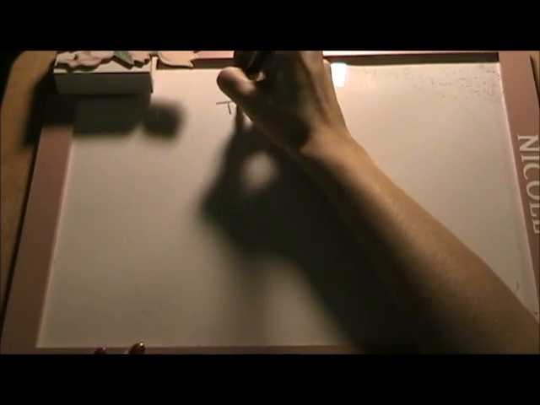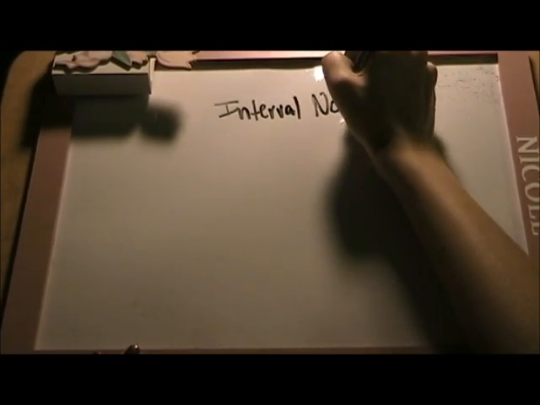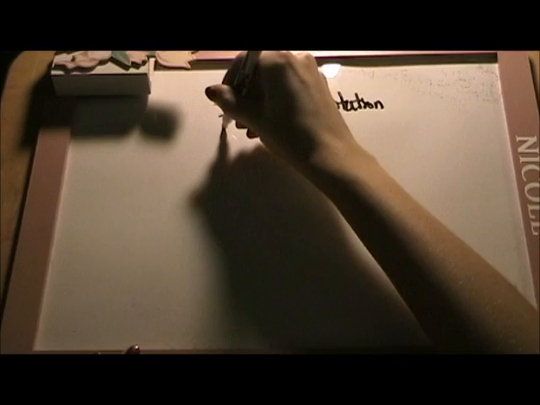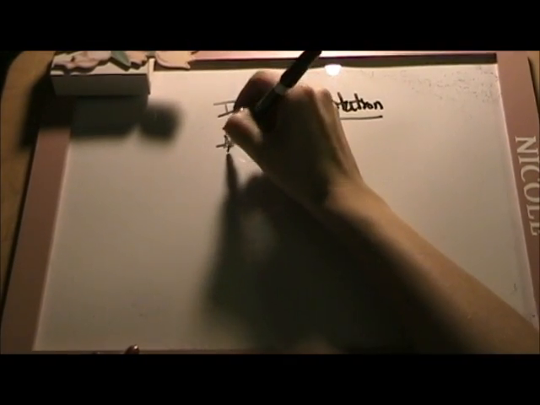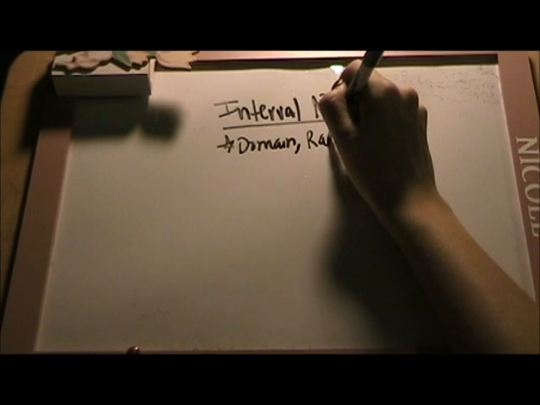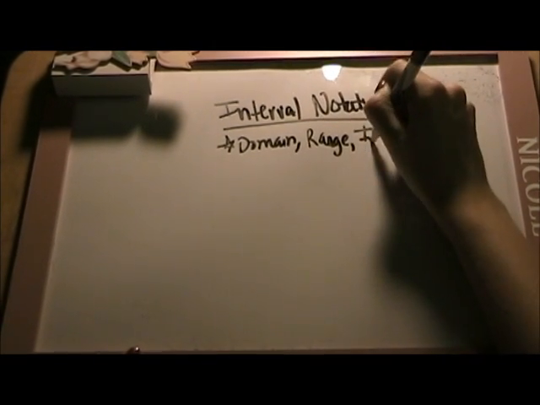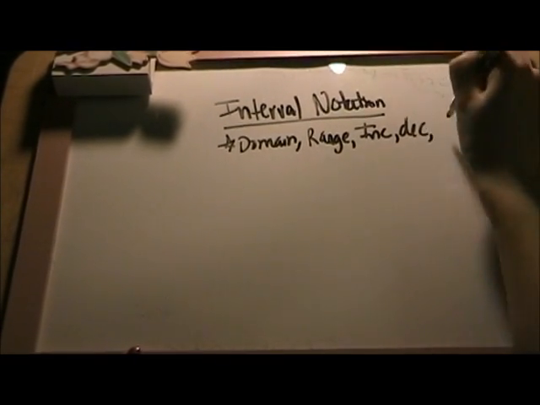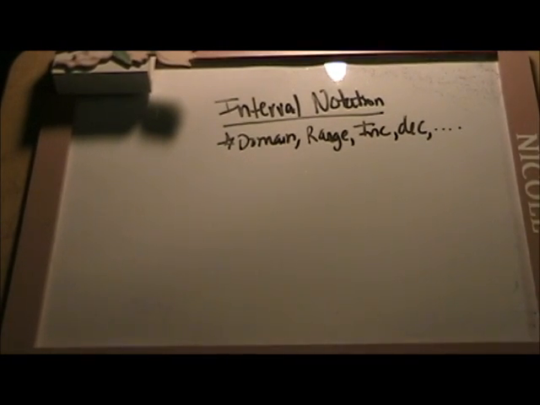I want to talk about interval notation before we do a couple more examples. So interval notation. From now on, we're going to use this for domain, for range, increasing, decreasing, and the list will go on as we go throughout the semester.